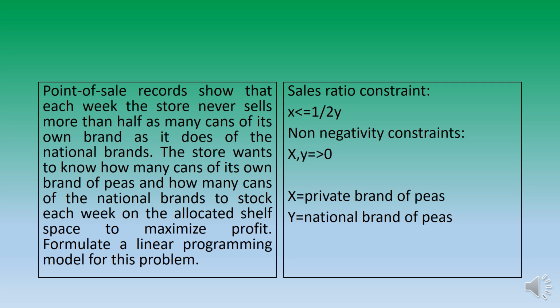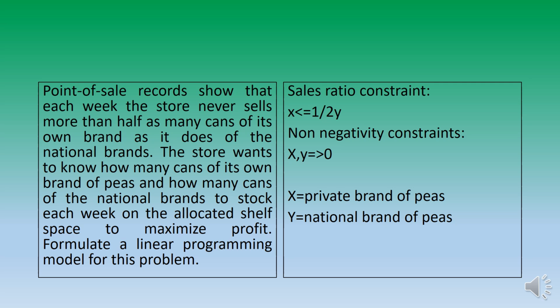So the equation would be like this: not more than, so it is less than or equal to. It never sells more than half. So you see, this is called the sales ratio constraint.